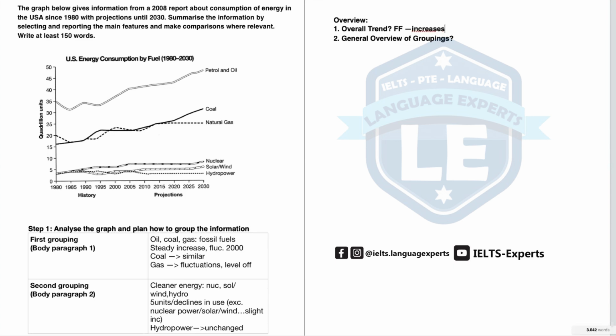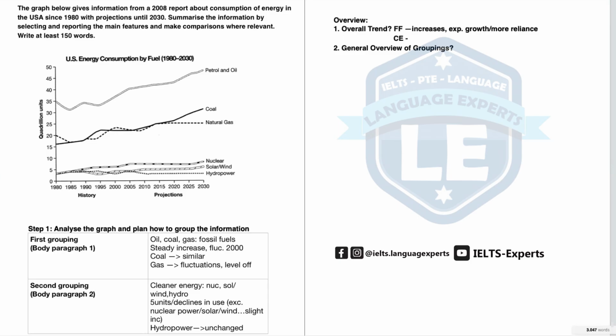I'll say increases and expectations for growth and also more reliance, because if you look at all of our groups here and all of our options, the fossil fuels are higher. They are the highest 3. So you can expect that people will rely on these more than the cleaner sources. And so this is my overall trend for fossil fuels. If we want to also look at an overall trend for our cleaner sources of energy, so I'll put CE just so that that is clear.